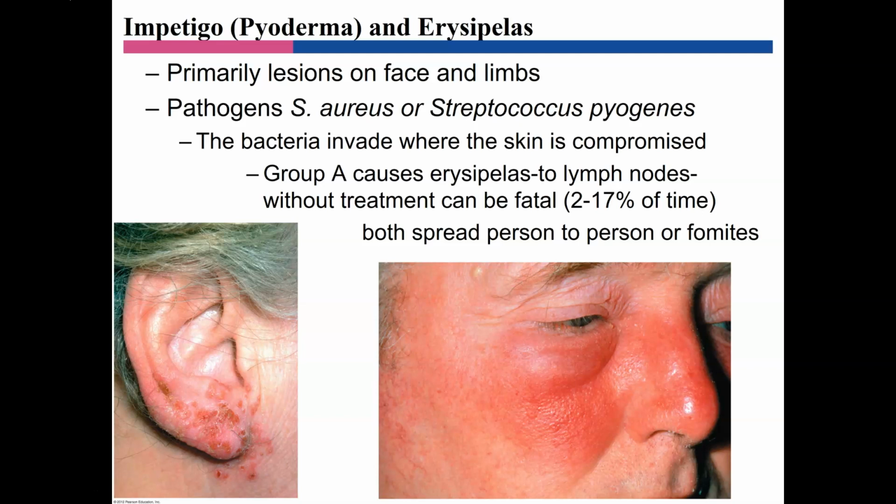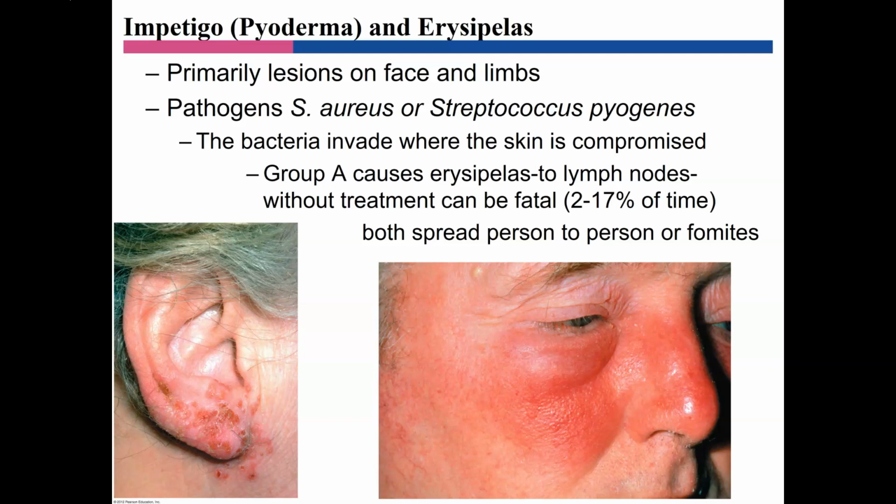Streptococcus pyogenes is also known as Group A strep. And you might remember us talking about this organism when we discussed the immunochromatography, because it does cause strep throat. And they do an immunochromatography test, a rapid diagnostic test for that.